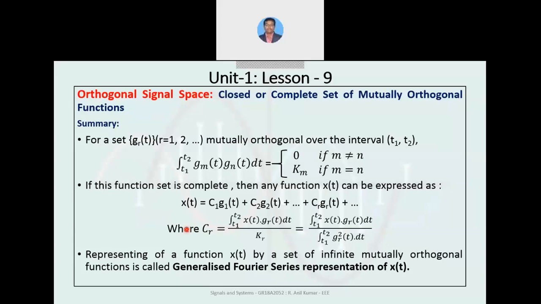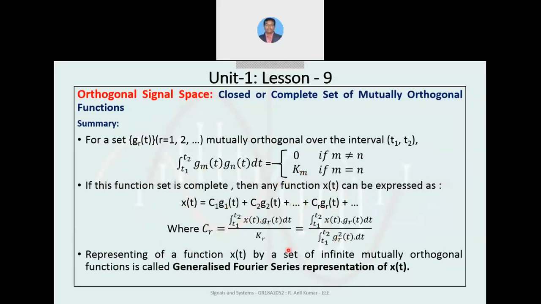If this function set is complete, then any function x of t can be expressed in terms of c1 g1 and so on, where cr equals the integration terms. This was also discussed earlier.